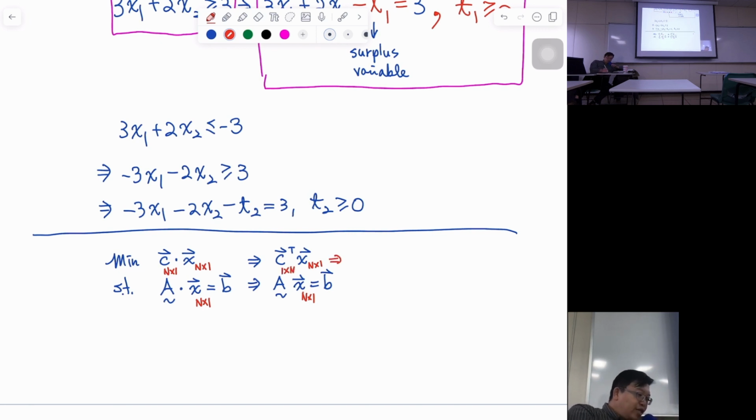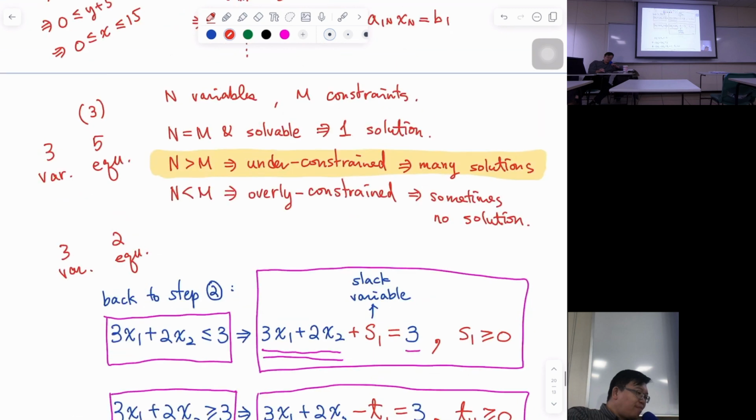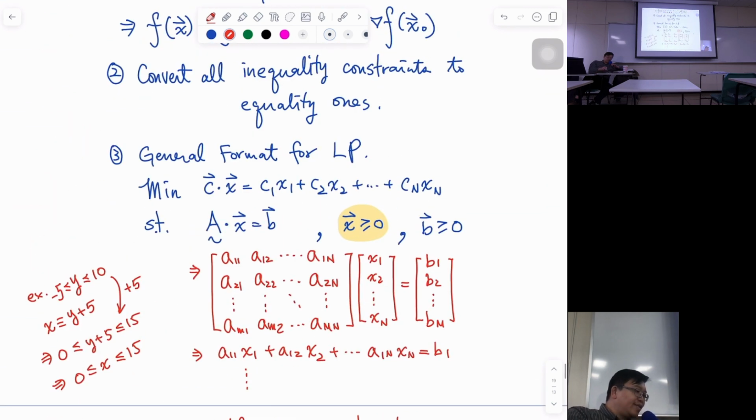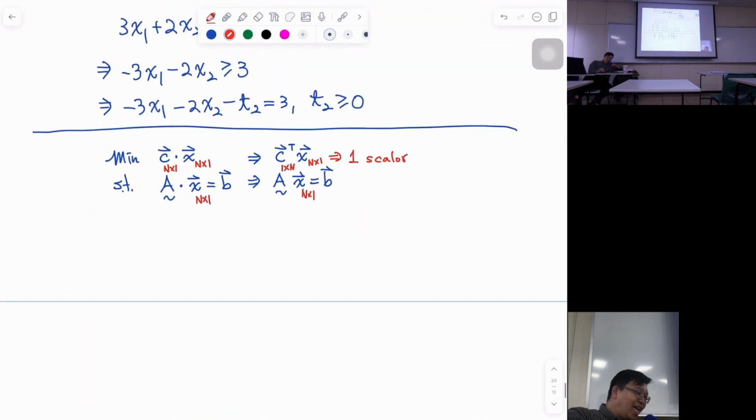So at the end, this is just one scalar, one value. Makes sense? Your objective function is supposed to be one value, right? It's going to be 1 by 1, so it's a number. How about your A matrix? So let's get back to here. A is m by n, m by n.